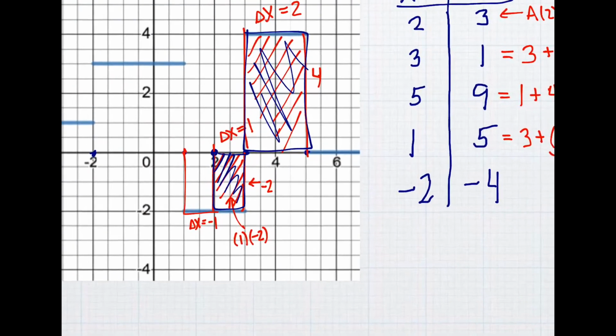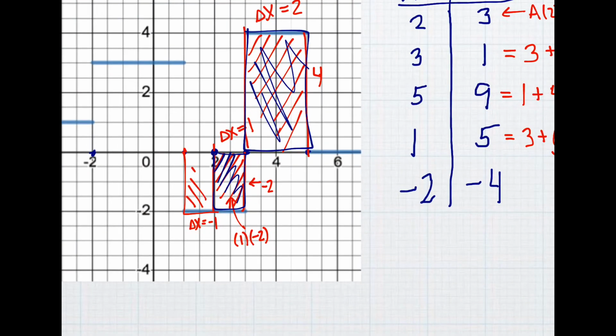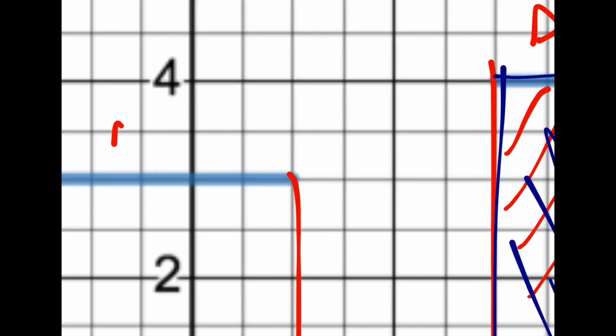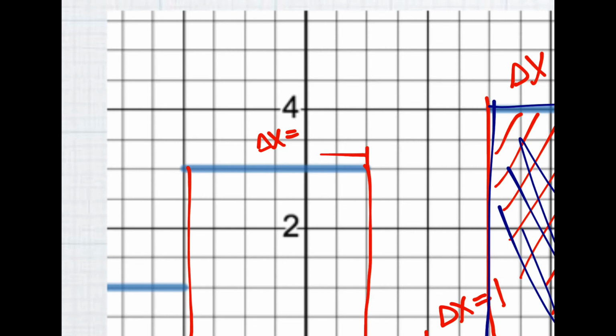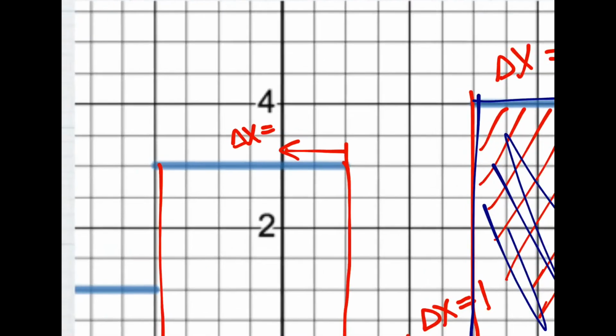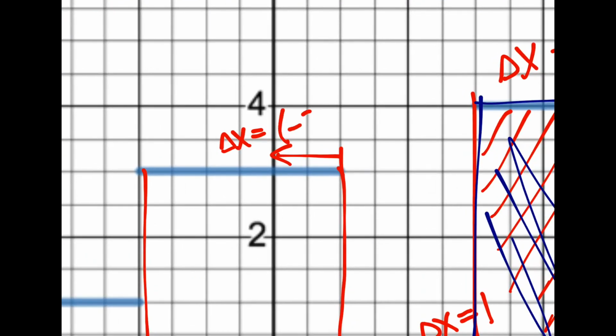And so I get a signed area that went backwards. Delta x was negative. And my last chunk that I'm going to add, I've got another increment, this delta x, going from right to left. It's negative. What are we at? Negative 2 minus 1. This is a delta x of negative 3.